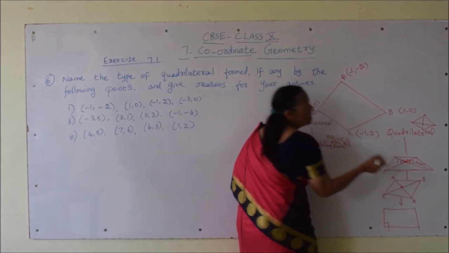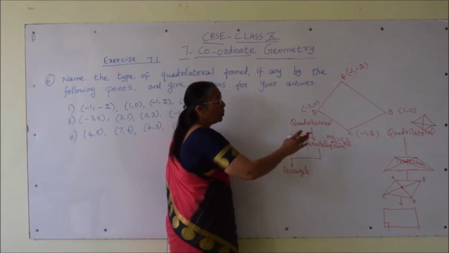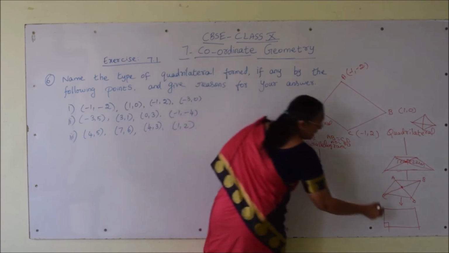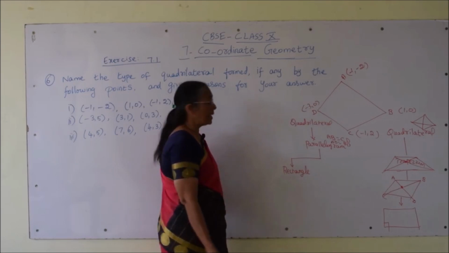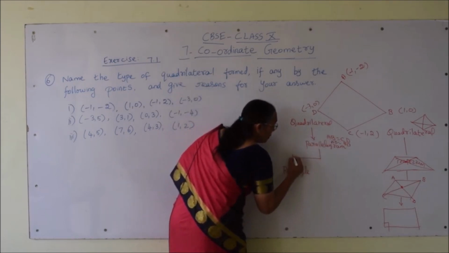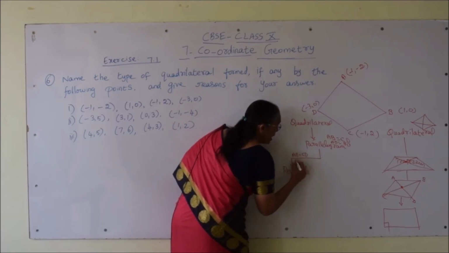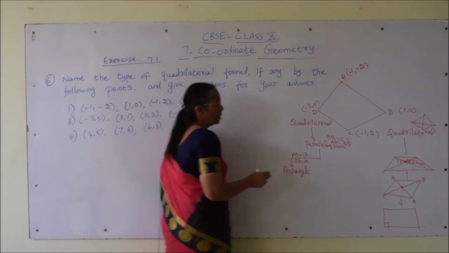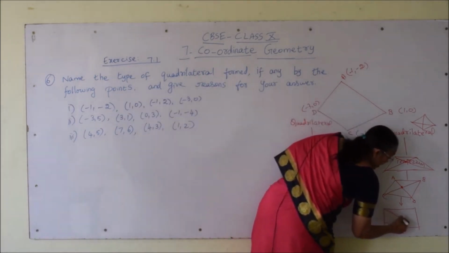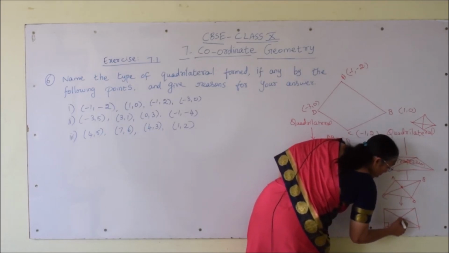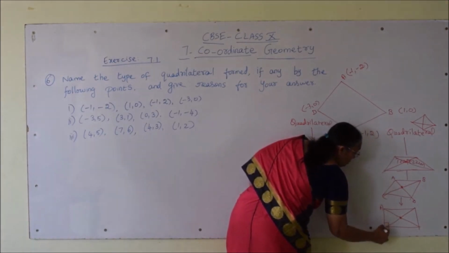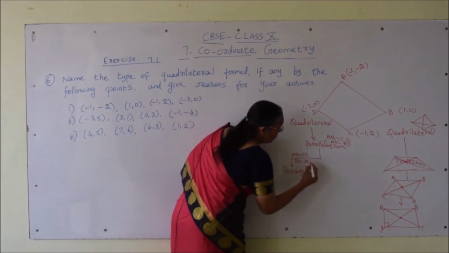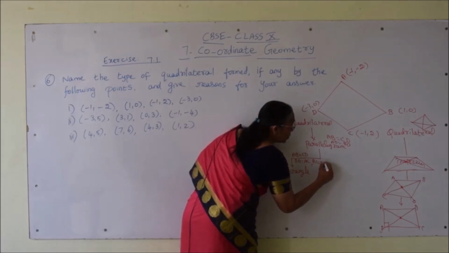In a parallelogram, the angle property is just that opposite angles are equal and adjacent angles are supplementary, whereas in a rectangle, each of its angles is 90 degrees, and also we will have the property that AB is equal to CD and AD is equal to BC, that is, opposite sides are equal, and also the condition that its diagonals are equal. Suppose this is ABCD, even the diagonals will be equal, that is, we have to prove that AC is equal to BD.